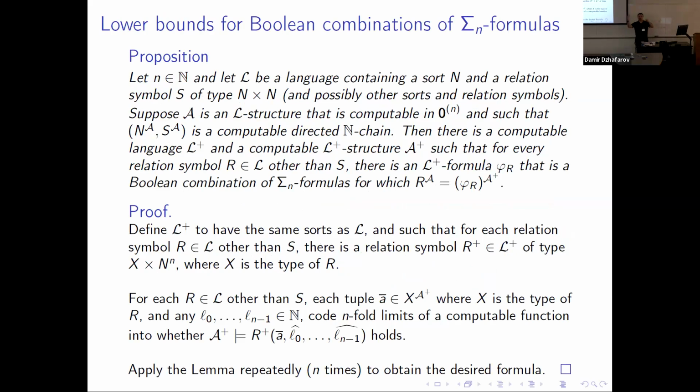It's the limit of n plus 2 many iterative limits. So there's something on my structure across into the lowercase n, and I can then express in a sigma 0 n way, or Boolean combination sigma 0 n way, what it means to be the iterative limit of this process.